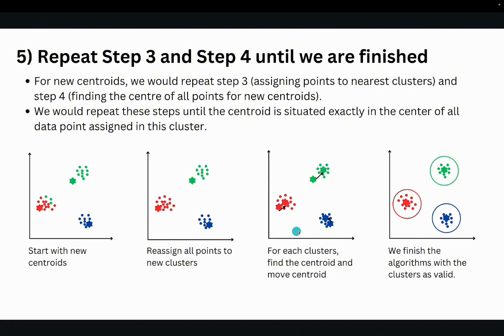So these steps continue until they cannot find any middle, or they cannot update the centroid any further. After that, the algorithm gives an output. It will have a red cluster, green cluster, and the blue cluster. So these are the steps that were involved in k-means clustering.